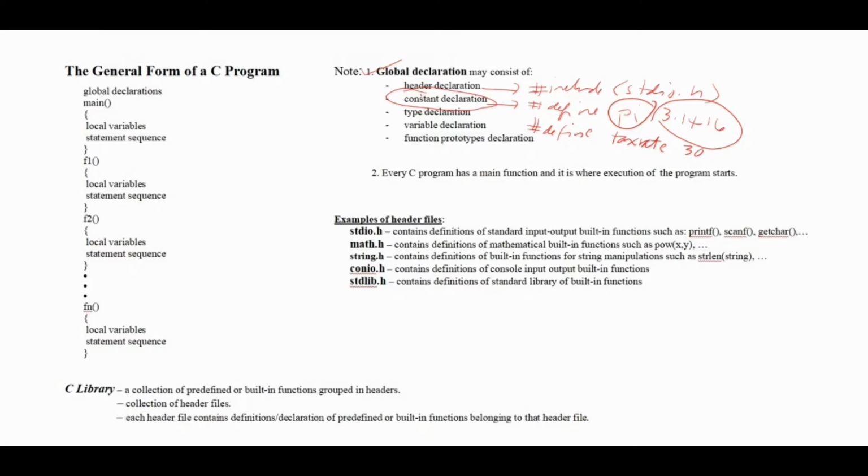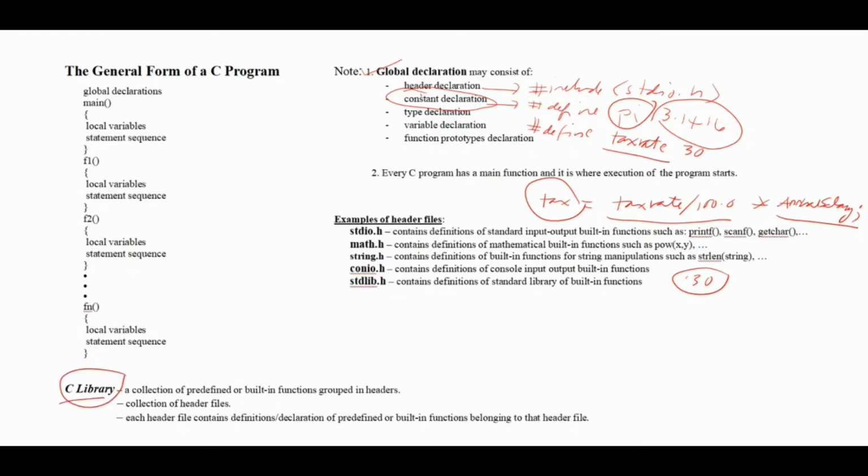So maybe in your program you would say how to use that: tax is equal to tax rate divided by 100.0, so to make it 0.30, times say annual salary, where the annual salary is the whole year salary of an employee. And then we get the 30% of that. That is the tax amount that the employee will pay the government.